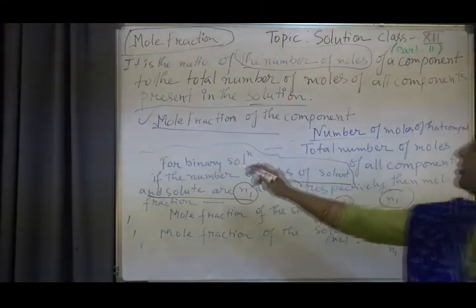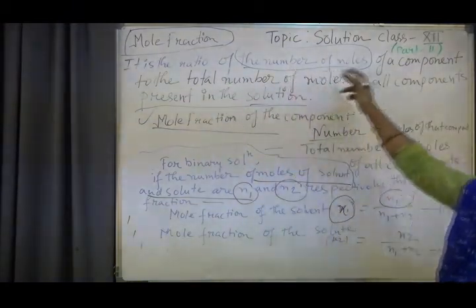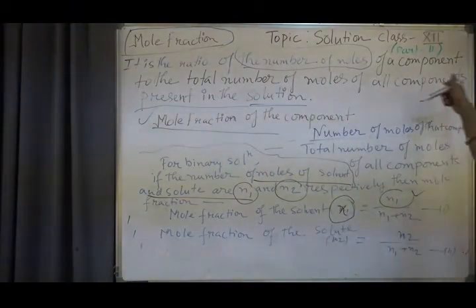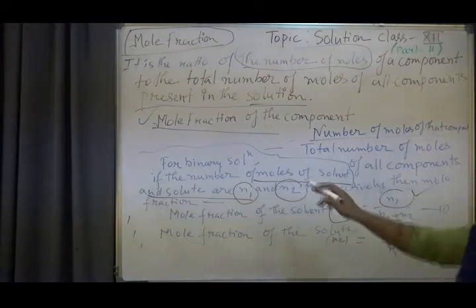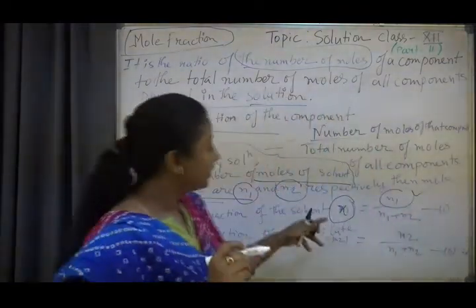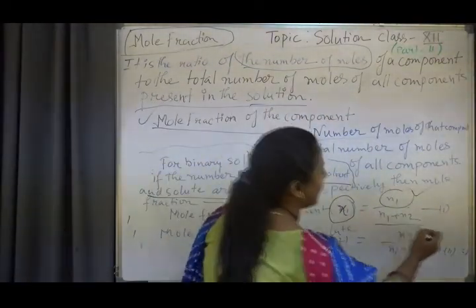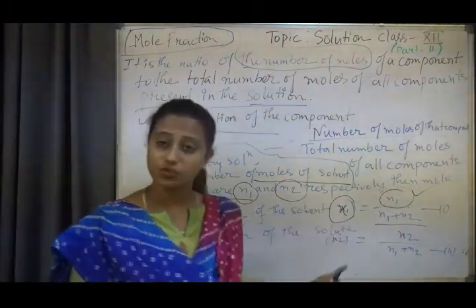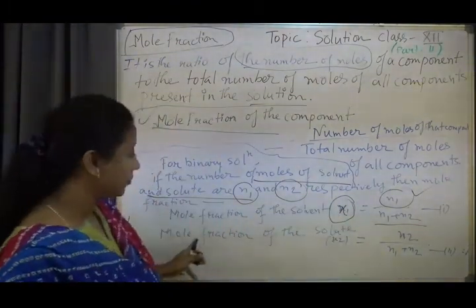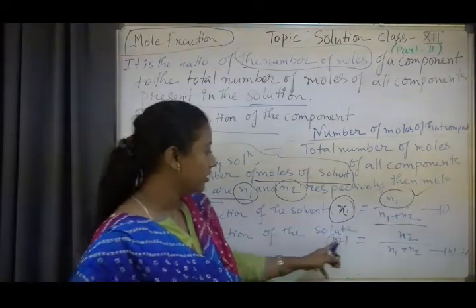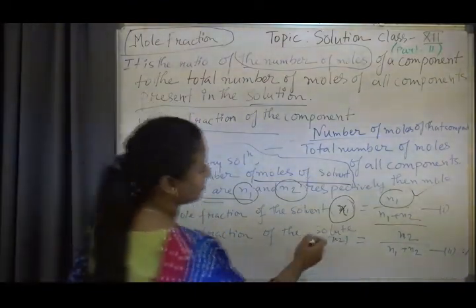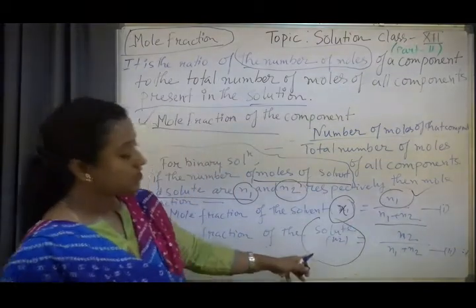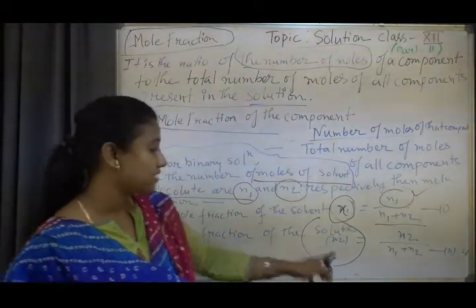This is the number of moles of the component divided by the total moles of the components, that is n1 and n2. So this is x1 for the solvent, and for the solute the mole fraction is x2.